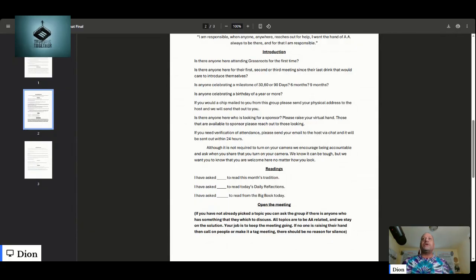But it does not tell us to sit on our butts and wait till somebody's sick enough that they're willing to ask us. No, we are a proactive group. And part of the main reason that we're doing what we're doing is to help people find sponsors. That is one of the main things that we do. We do verifications here. You are not going to do the verification, so do not worry about that. The host or one of the co-hosts will be doing the verification.